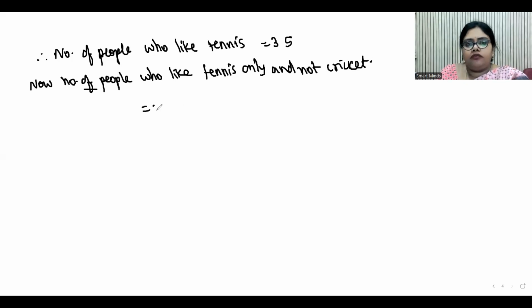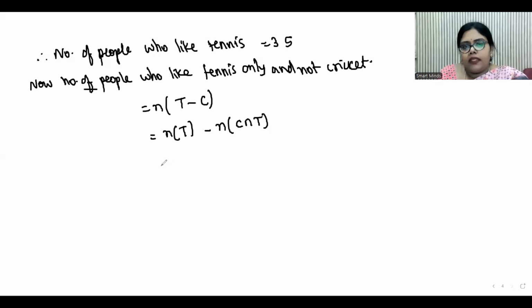That means we need to find n(T − C). So that is n(T) minus n(C ∩ T). That is equal to 35 minus 10, which is equal to 25.